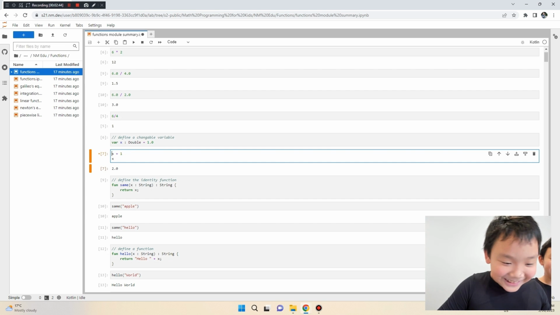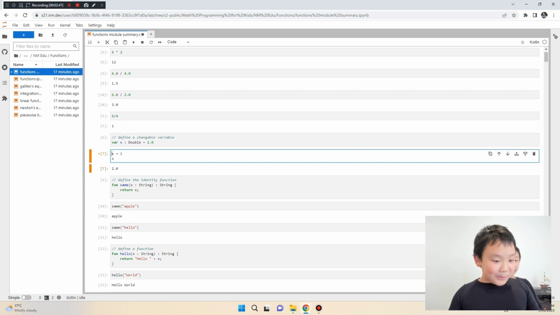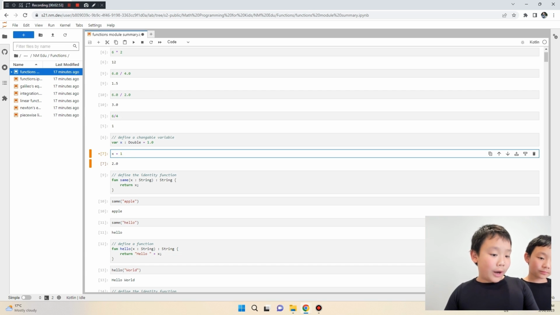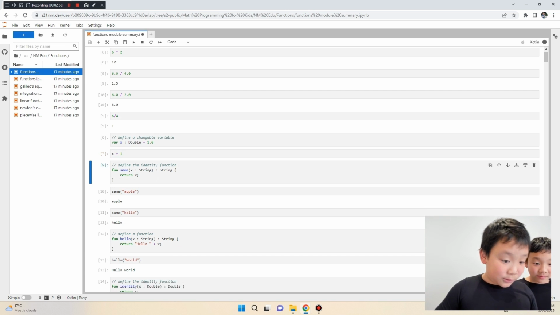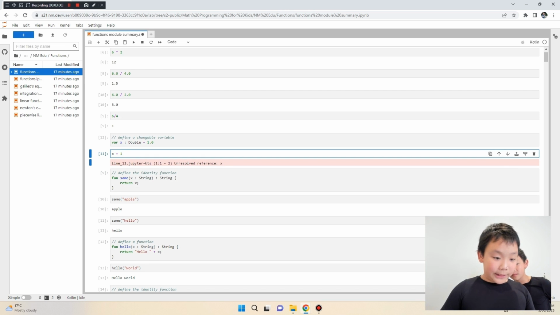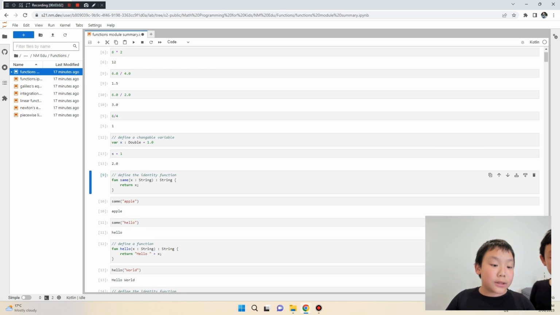So here we have the simple function x plus 1. Now you may be wondering what x plus 1 is. X is 1, plus 1, so it will equal 2. Oh wait, no, I need to define this first. Now it will equal 2 because x is equivalent to 1.